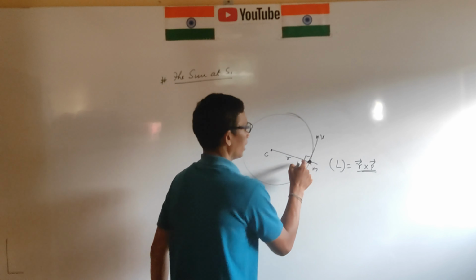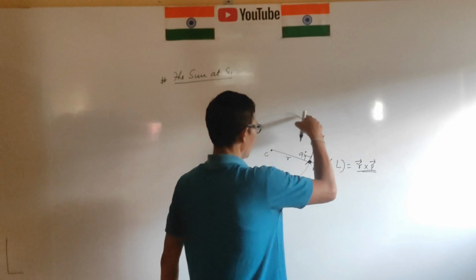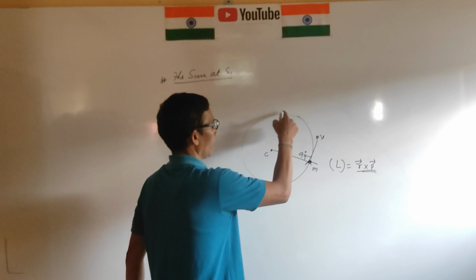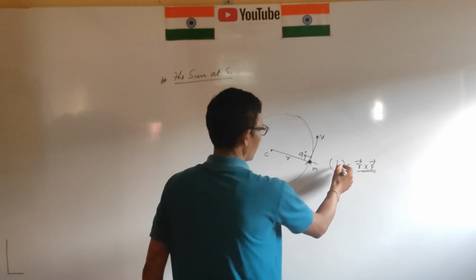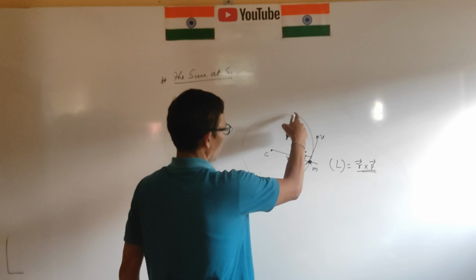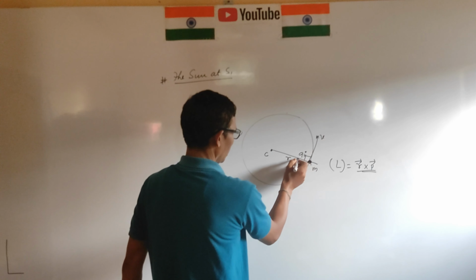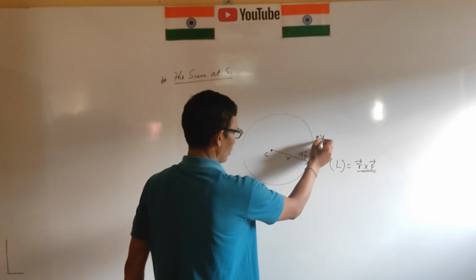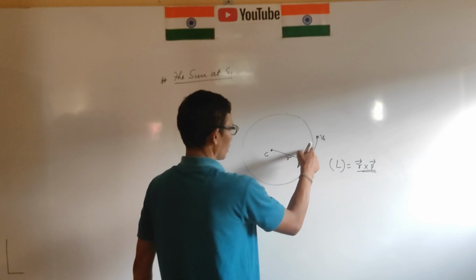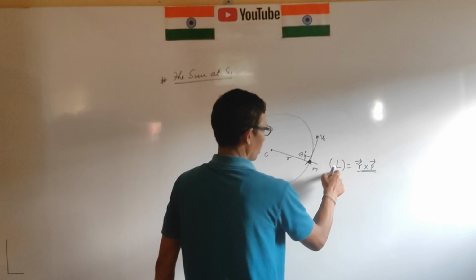This is 90 degrees, and when the body is in angular motion, it is not linear, this is angular momentum. This is the radius and this is the linear velocity. The product of radius and linear momentum is called the angular momentum.